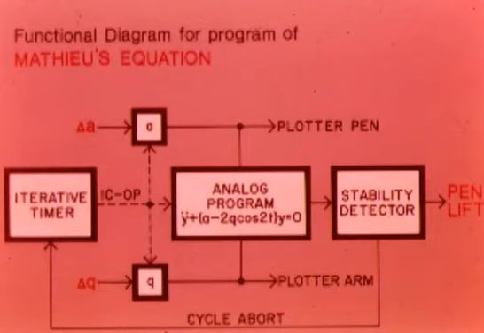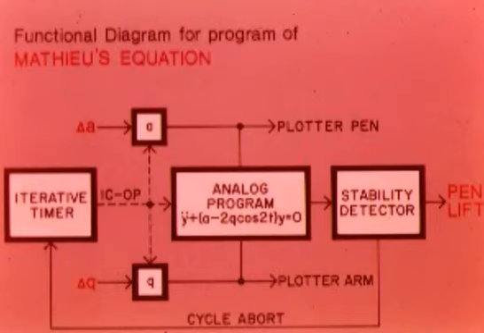The output of the analog block connects to a stability detector, which uses comparators to decide whether the oscillations have exceeded certain limits. If the oscillations remain within bounds, the system is considered stable and the pen remains down. If the system is unstable, however, a cycle abort signal is generated by setting a flip-flop and the pen is lifted from the paper.